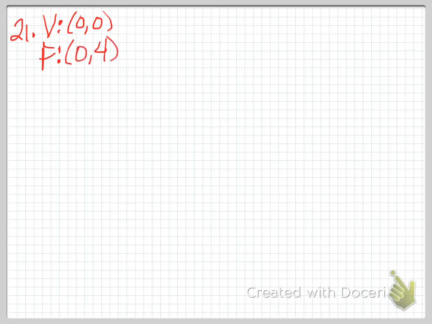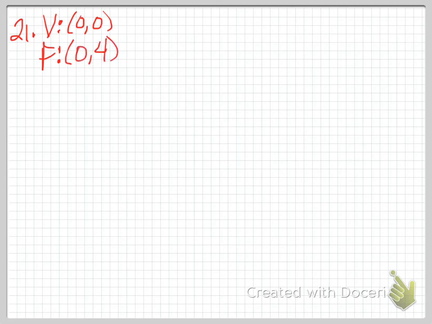Alrighty. We've got 2 last problems we're going to do. In the last section, it says, write an equation of a parabola with the given vertex and focus. Alright, so let's look at number 21. Okay, number 21, we have a vertex at 0, 0. And we have a focus at 0, 4.